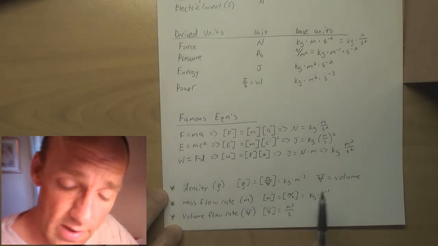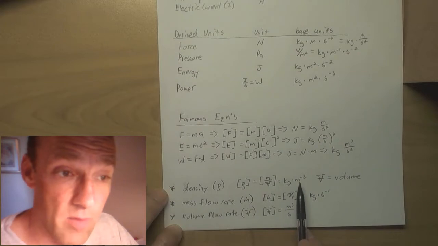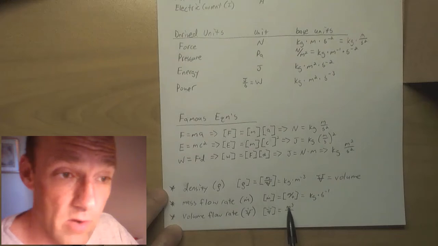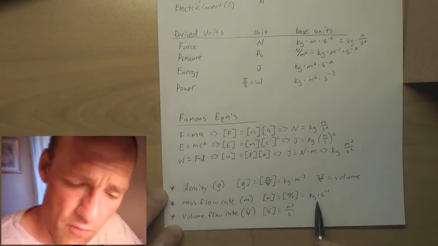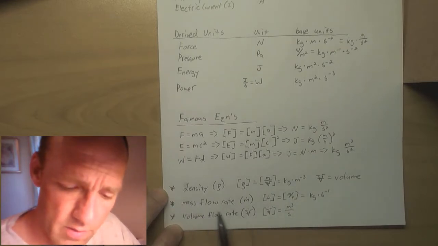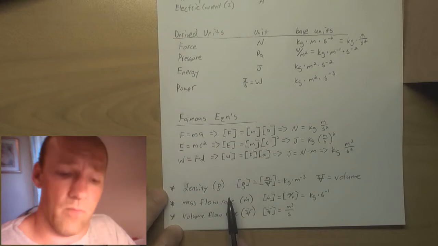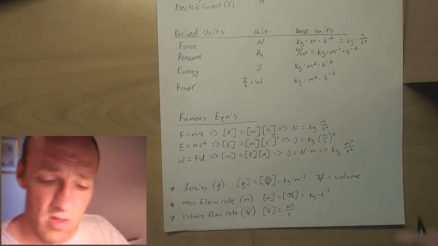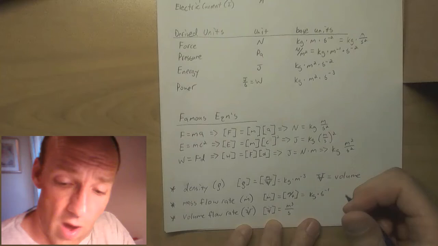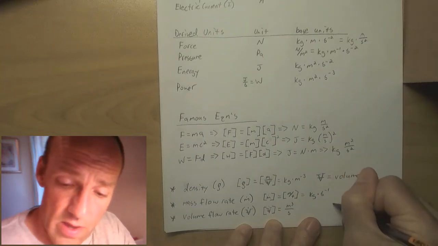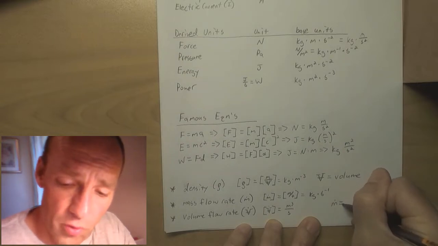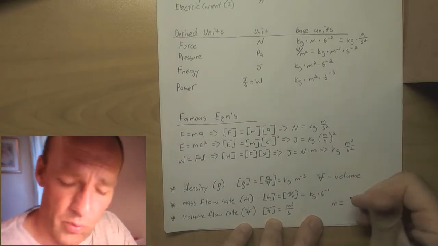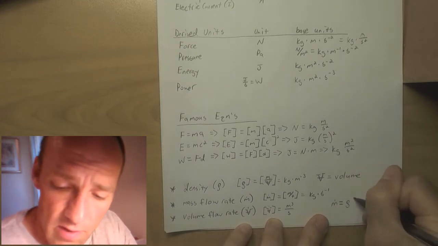I need a quantity that takes both kilograms and meters cubed. All right, I need a way of converting between kilograms and meters cubed, and so that's what density does. So just based off of the dimensional arguments here, I can sort of derive that the mass flow rate is going to be at least proportional to, but in this case it's exactly equal to, the density times the volume flow rate.